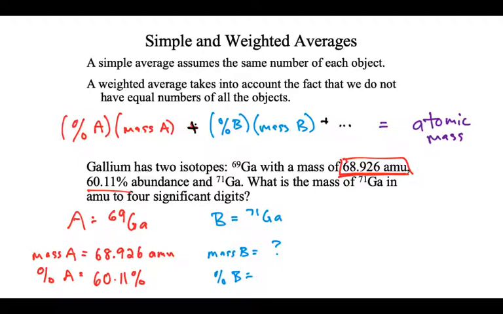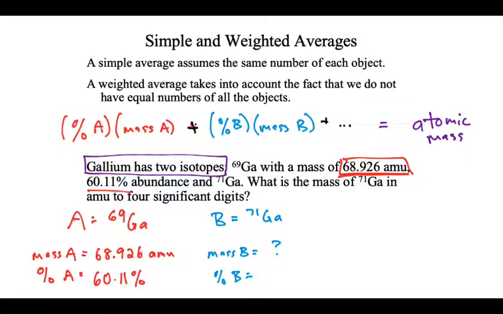Rest of what percentage? What's our total percentage? 100%. I know 60% of it, ballpark, is A. How do I know the rest of it is B? There's only 2 isotopes.